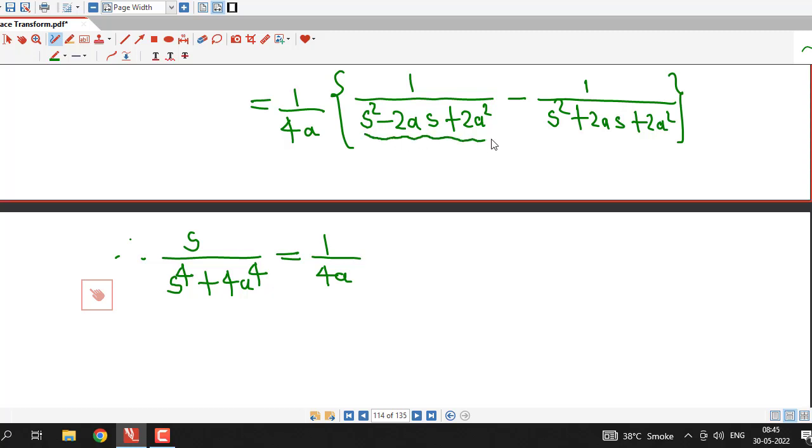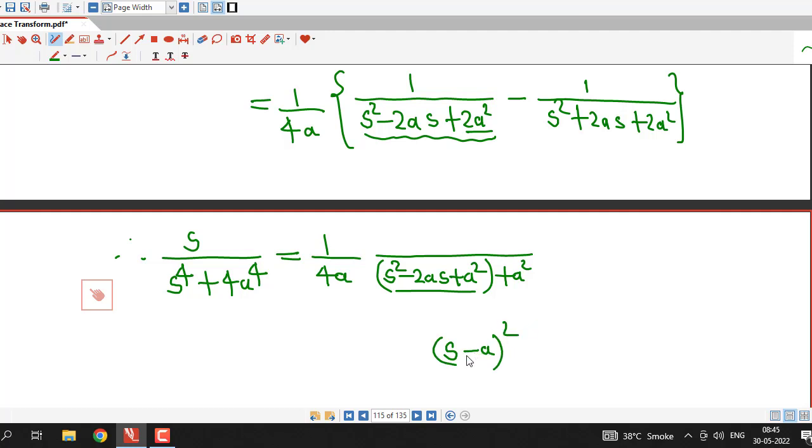Now this is an irreducible factor, and if you observe, if I split this 2a square as a square plus a square, then I will have s square minus 2as plus a square and plus a square, and this bracket is nothing but the square of s minus a. We can check, this is s square minus 2as plus a square. So here the last term should be a square, therefore I am writing 2a square as a square plus a square. Same thing I will do here.